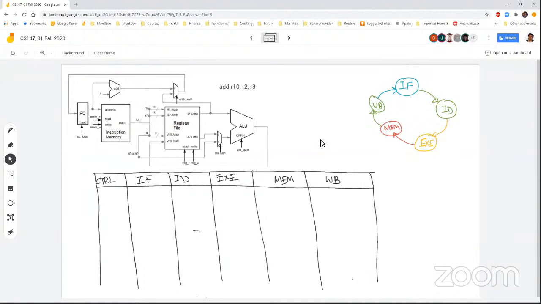And the control signals in this part are these. One is definitely my PC load, and ALU operation code, memory read, memory write, register read, register write, this mask selection, this mask selection. I think that's it.